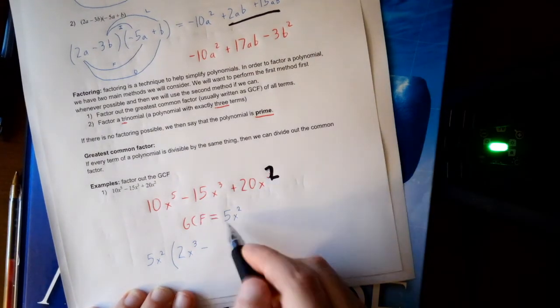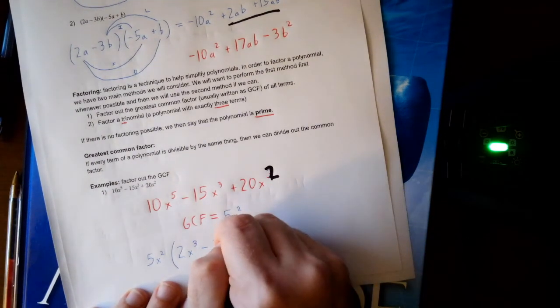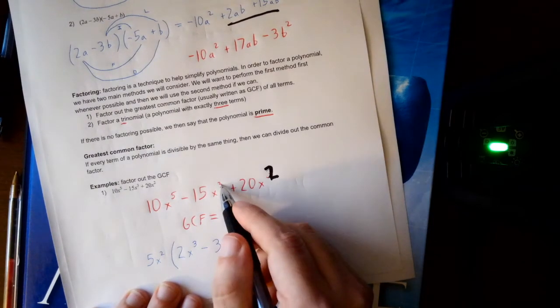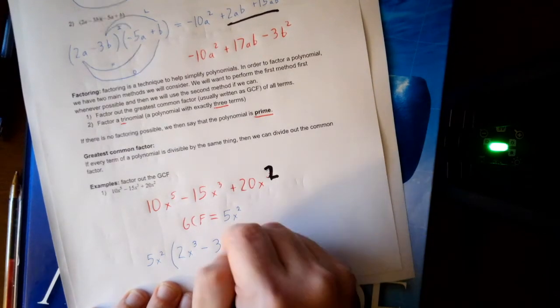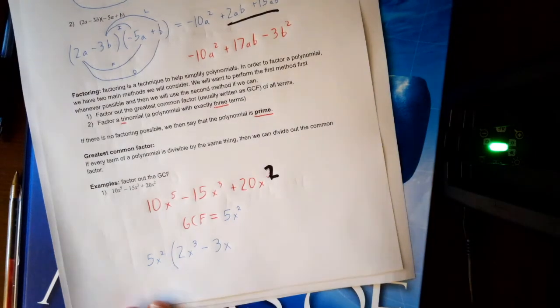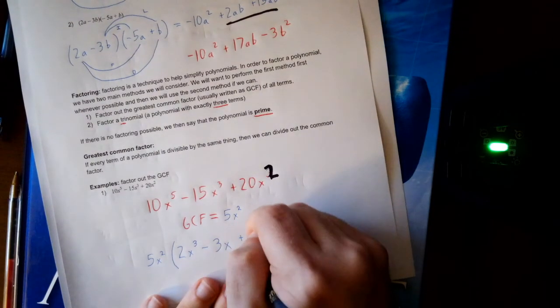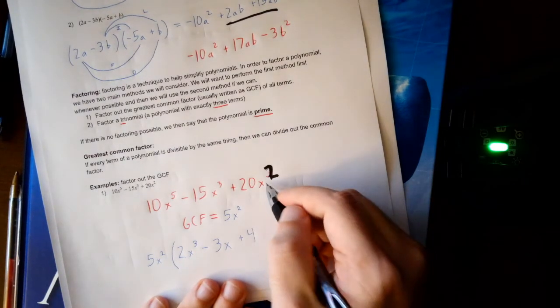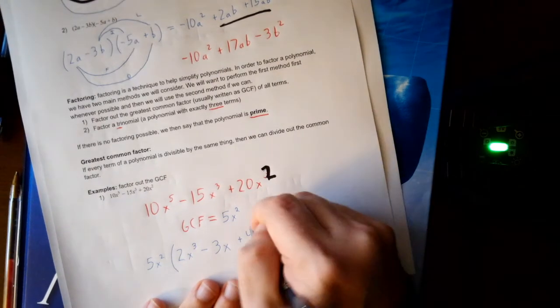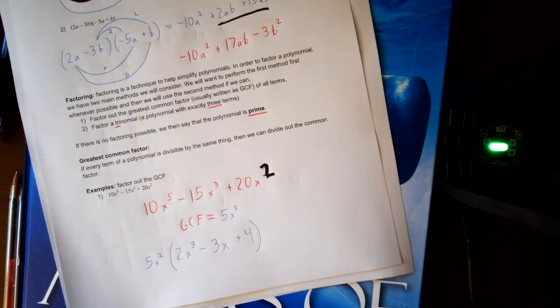Minus 15 divided by 5 is 3. And if I take an x cubed and take x squared away from it, there's 1x remaining. And then 20 divided by 5 is plus 4. If I have an x squared and I'm factoring out an x squared, it's gone. The x squared is gone.